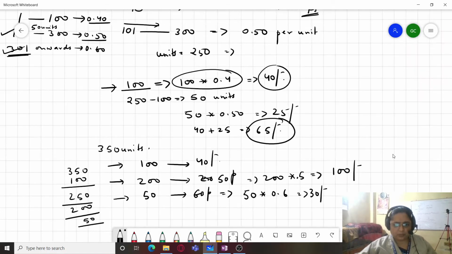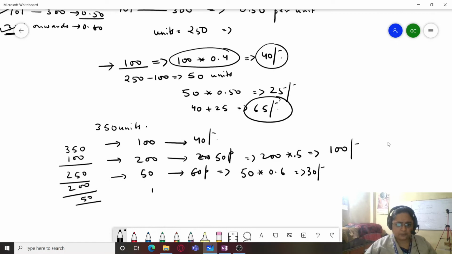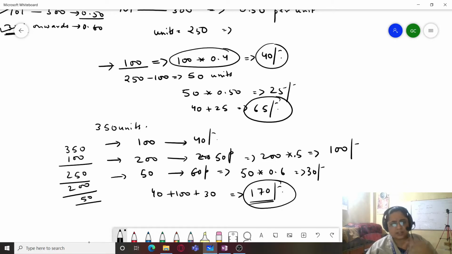So you have to pay a total of 40 plus 100 plus 30 rupees, which is equal to 170 rupees. So this is the total bill amount which you have to pay in addition to the other surcharges and other things. Right now we are only concentrating on the actual bill.